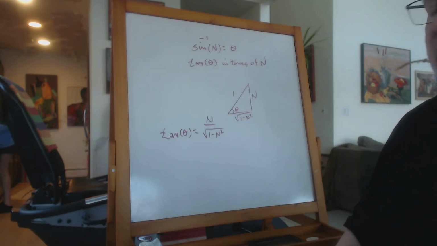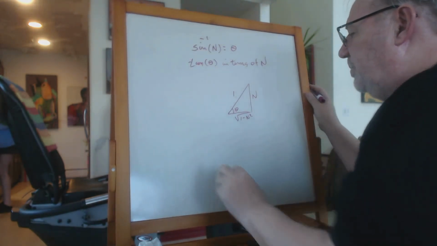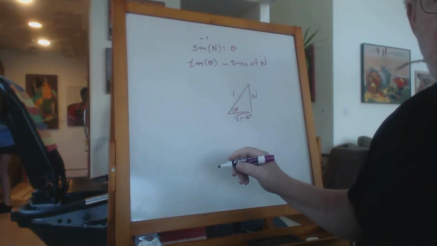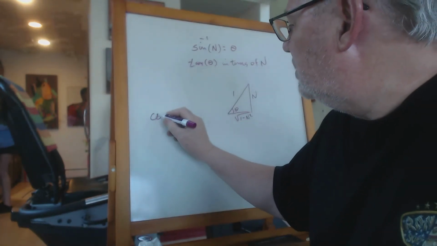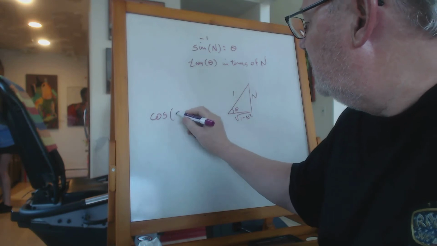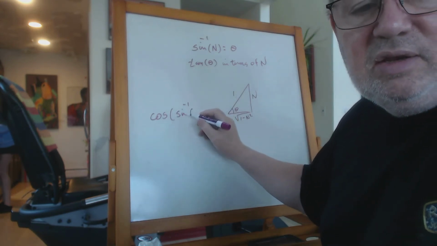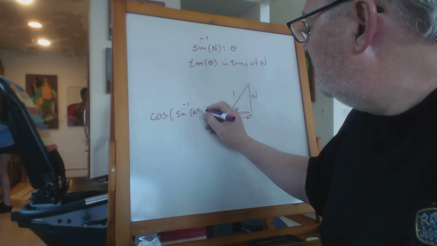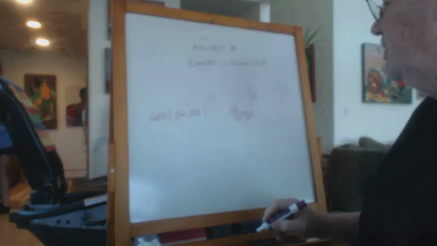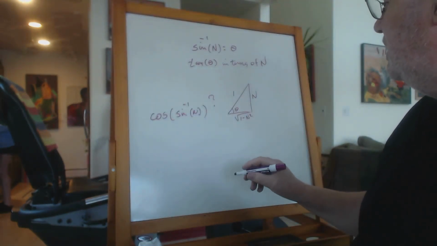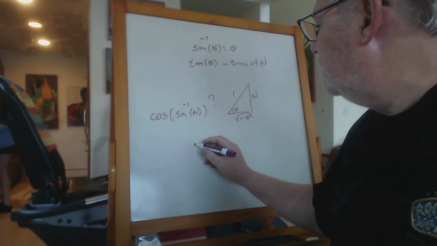So, we got another problem here. What is cosine of the arc sine of n? Okay, so the arc sine of n is theta.